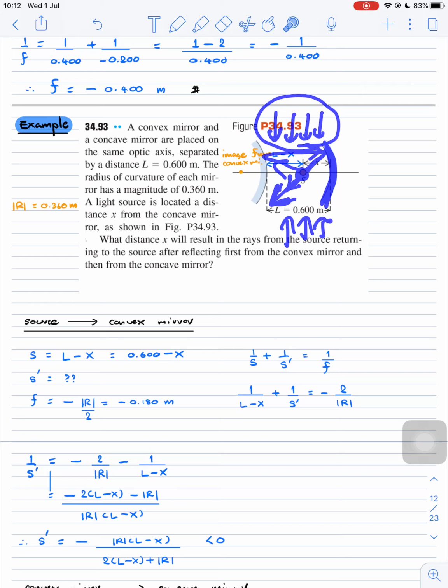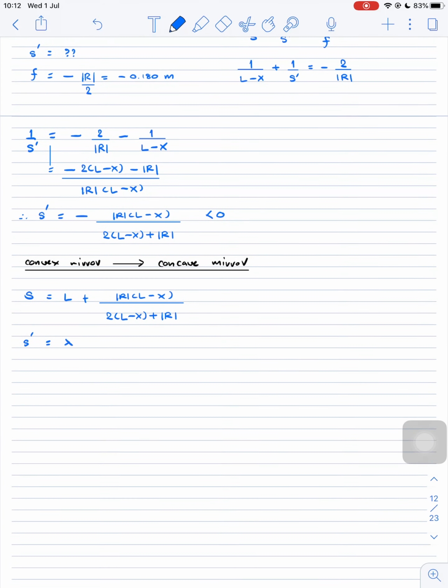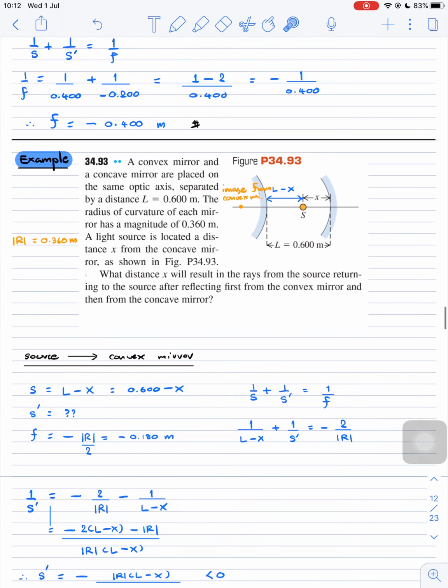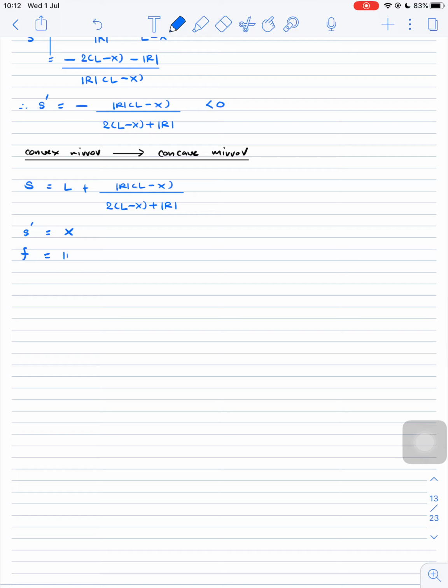So the image distance must be positive, then we have S prime equal to X. And finally for the focal length F, again the focal point is on the same side as the reflected light, so the focal length must be positive as well. So here we have F equal to the absolute value of R over 2.